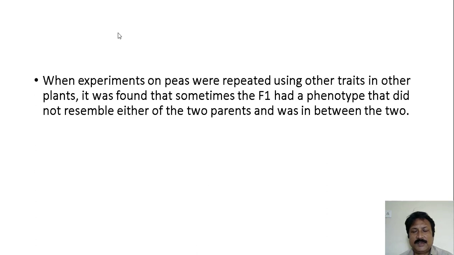They found that the F1 generation, which Mendel had suggested should be the same as or similar to either of the parents, was not found. Rather, they found some different phenotypes in the F1. In this session, we will discuss certain examples of the deviations they had found.